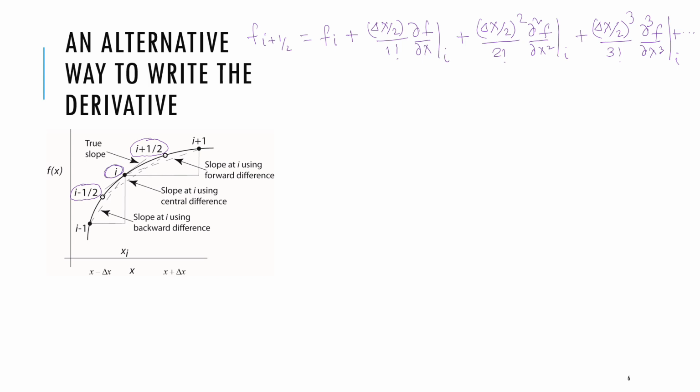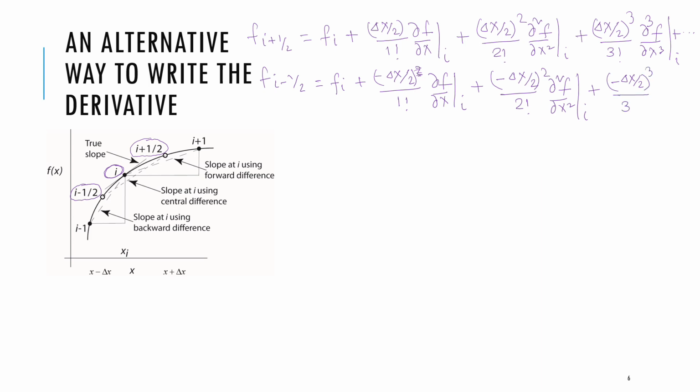And likewise, we can write the value at i minus half in terms of the value at i as f at i minus half is equal to f_i plus, let me just write this way, minus delta x over 2 del f del x at i plus (minus delta x over 2) squared del squared f del x squared at i plus (minus delta x over 2) cubed over 3 factorial del cubed f del x cubed, and so on.